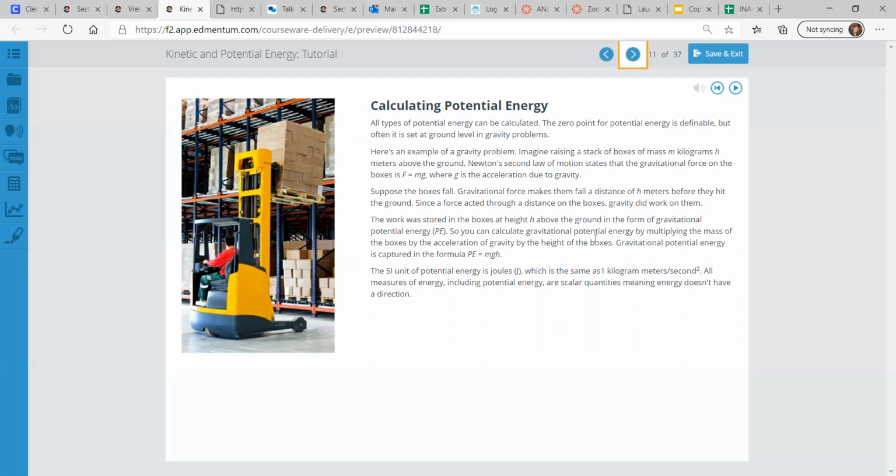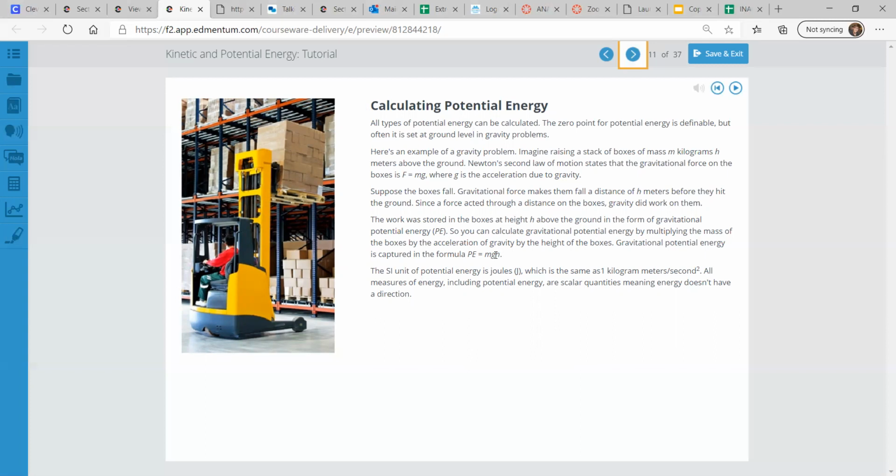Since a force acted through a distance on the boxes, gravity did work on them. The work was stored in the boxes at height h above the ground in the form of gravitational potential energy. So we can calculate the gravitational potential energy by multiplying m, mass, times g, the acceleration due to gravity, times h, the height of the boxes above the ground.